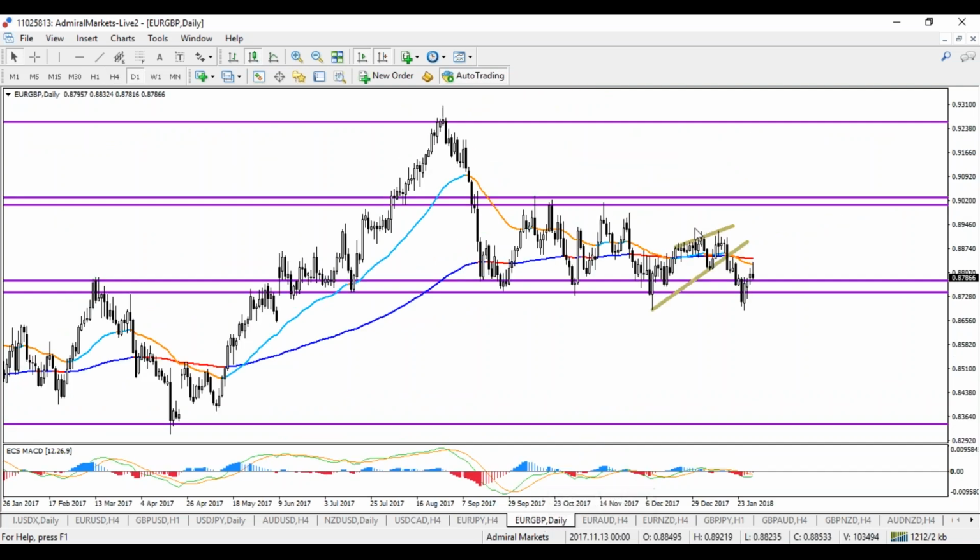Euro pound, well, even more so, even longer in a range, unfortunately. Now, I'm not saying that range trades are not possible to trade, obviously. But in this environment, because I'm looking more at swing setups, right, it could be better to focus on shorter time frame trades. Nenad does that.